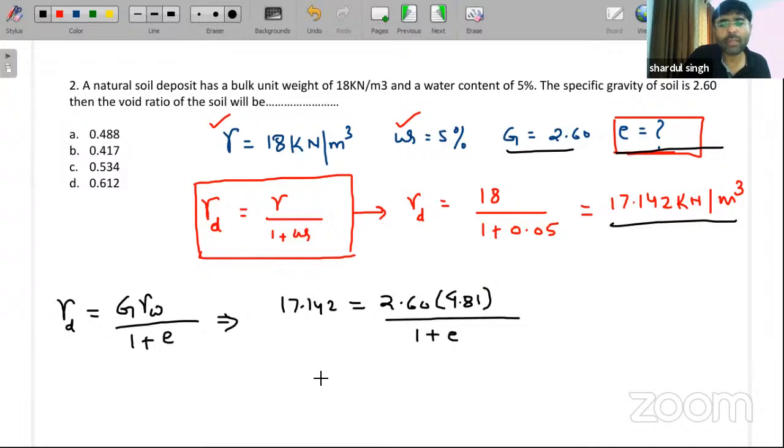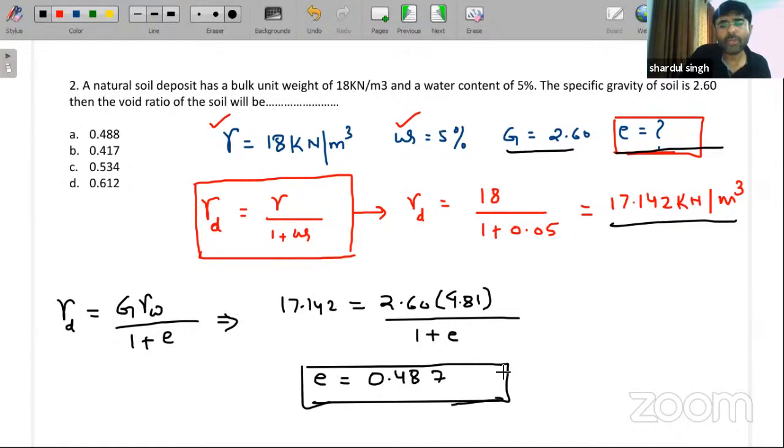Solving for E, it is 2.60 into 9.81 divided by 17.142 minus 1, which comes to 0.487.